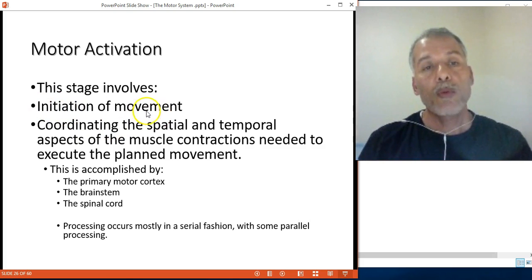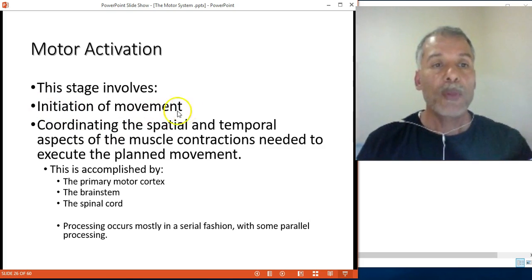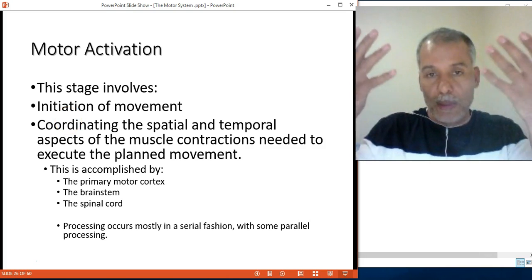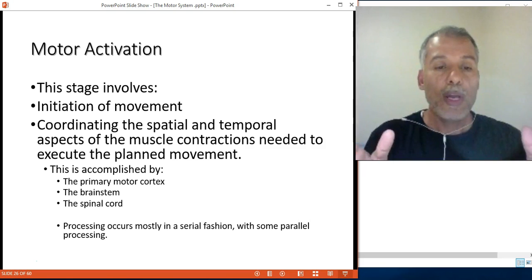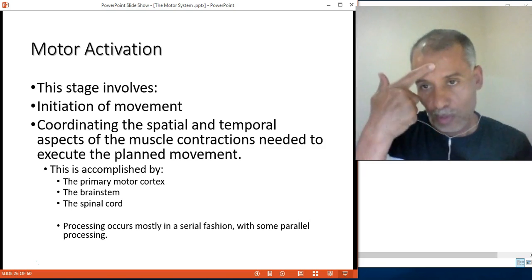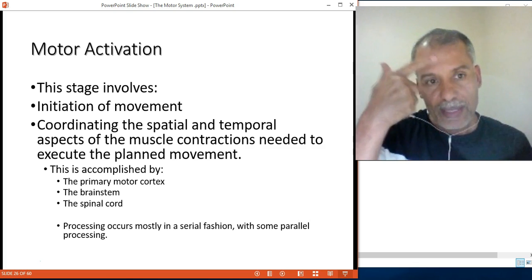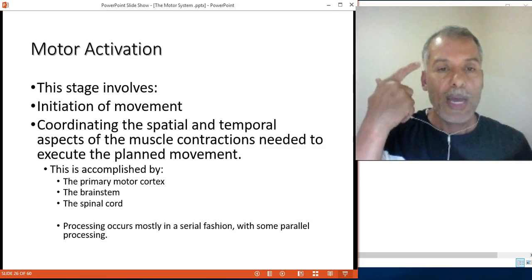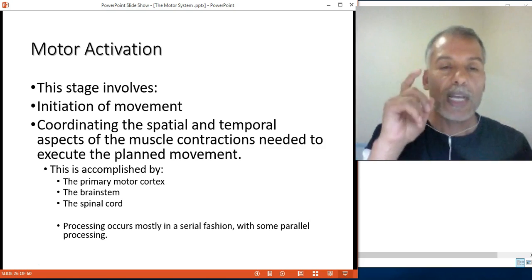So while the movement is initiated, this is just a summary, then you need to have sensory feedback coming back from the organs that move. And you need to channel that sensory feedback to the area that gives the intention in the first place, that gives the command to move, and also to the planning areas as well.